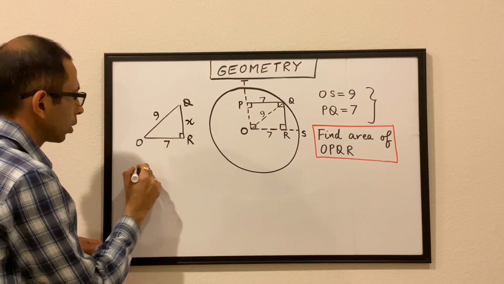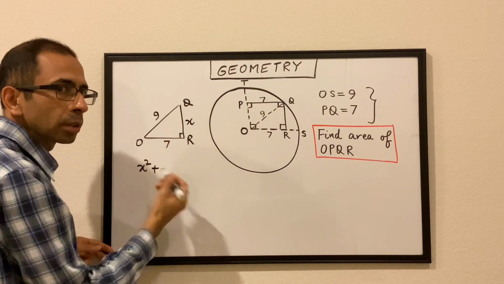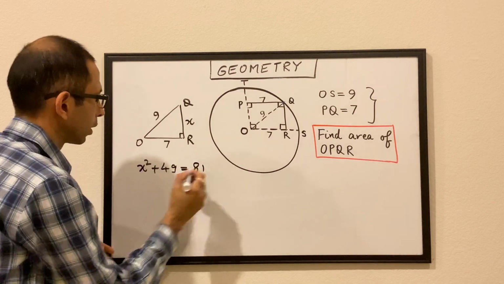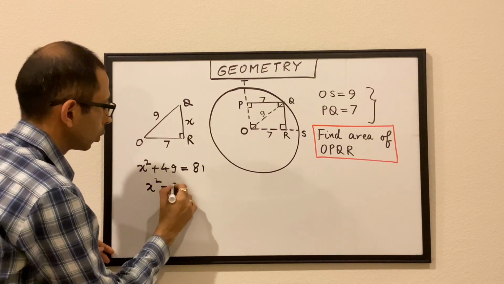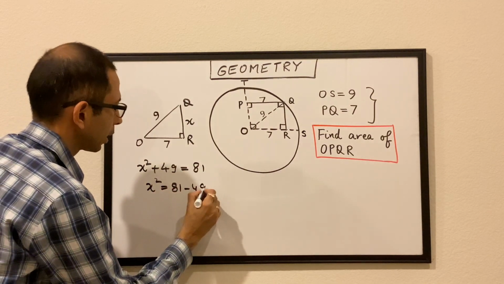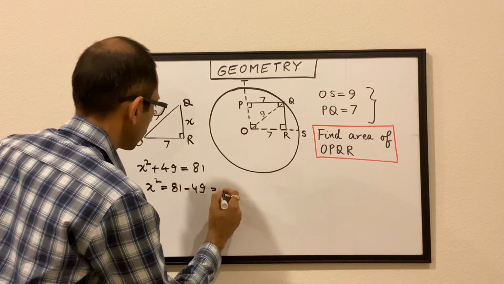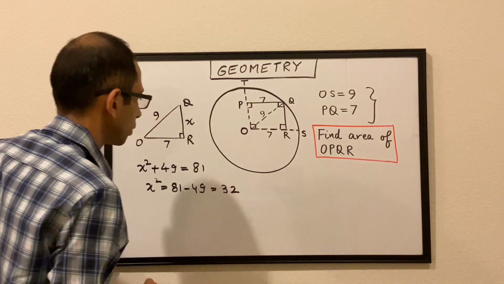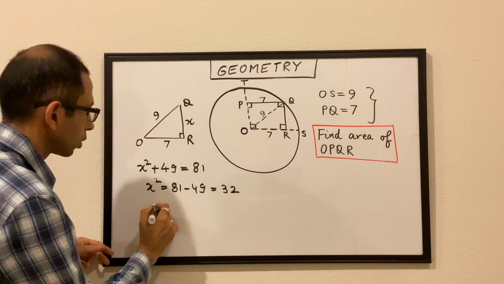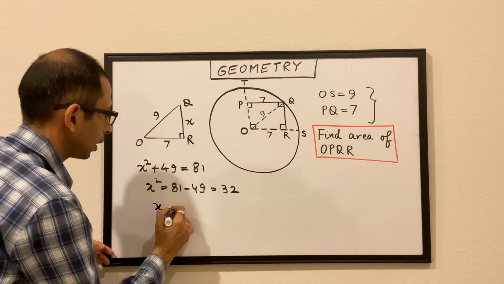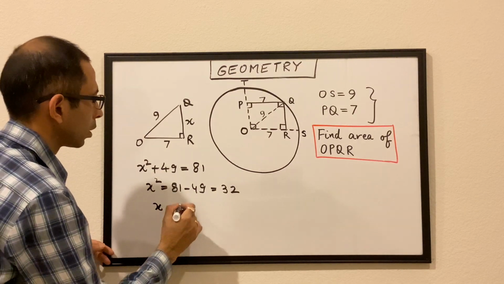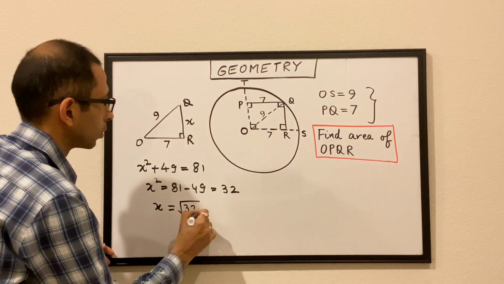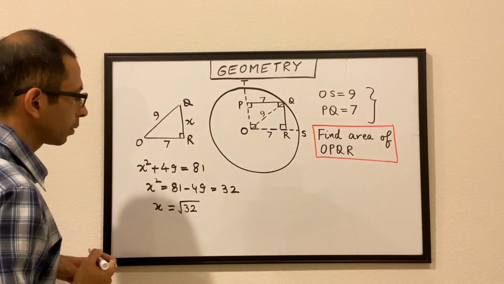As per the Pythagoras theorem, we will have x square plus 7 square, which is 49, is equal to 9 square, which is 81. So x square is equal to 81 minus 49, which will be equal to 32, right? So the length of x would be square root of 32, right?